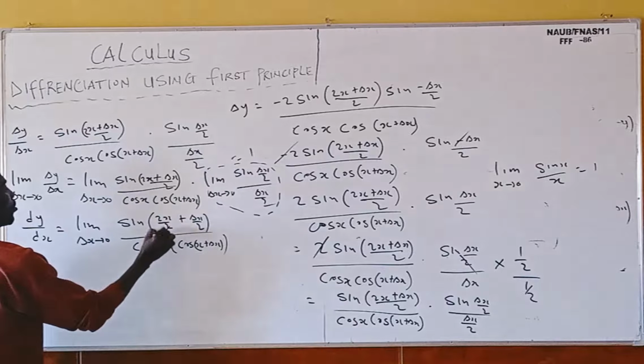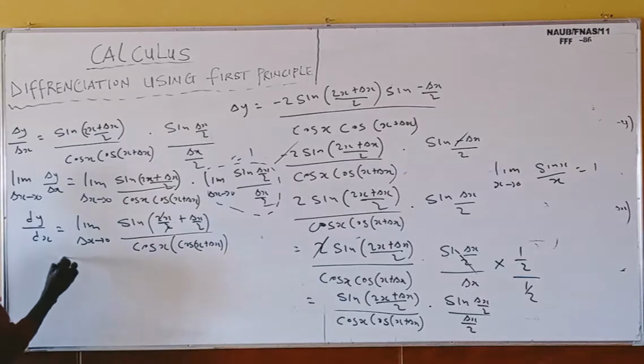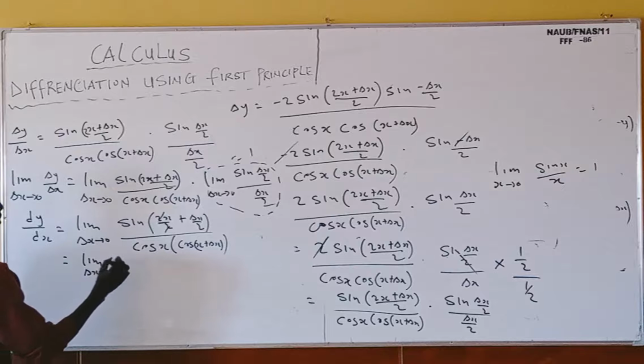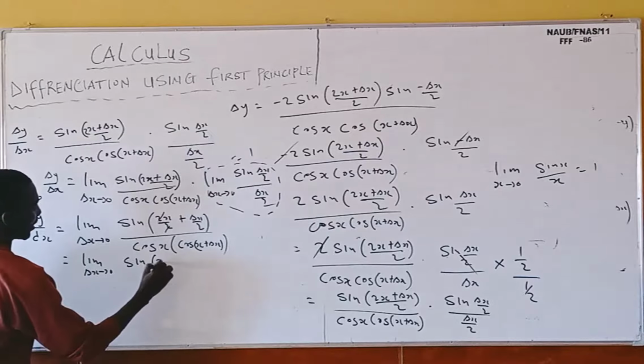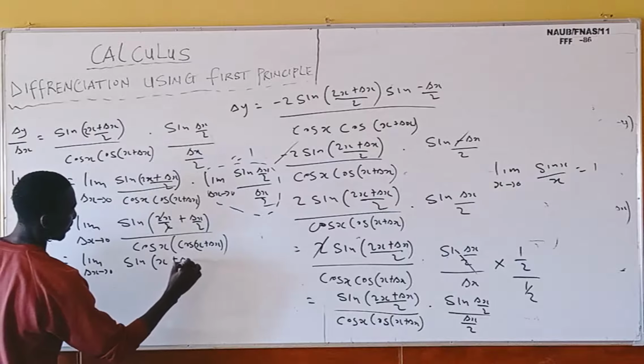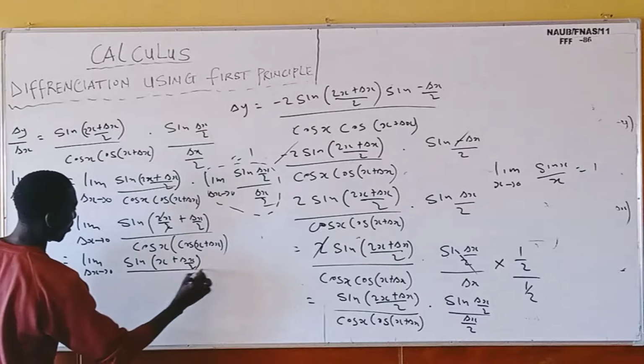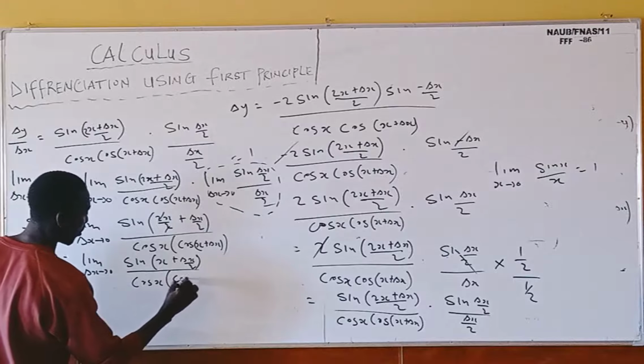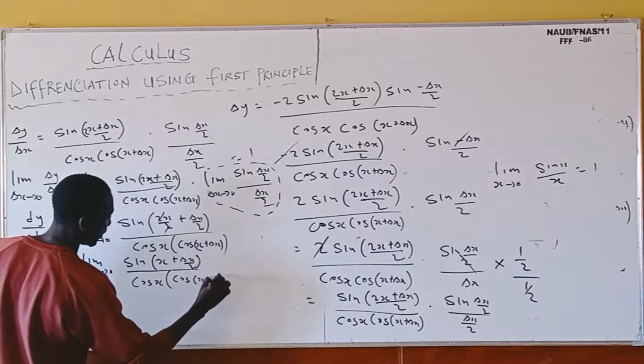So now these two will cancel out these two. Then I'm going to be left with the limit as change in s approaching 0 of sine of (s plus change in s all over 2) all over cos s into cos s plus change in s.